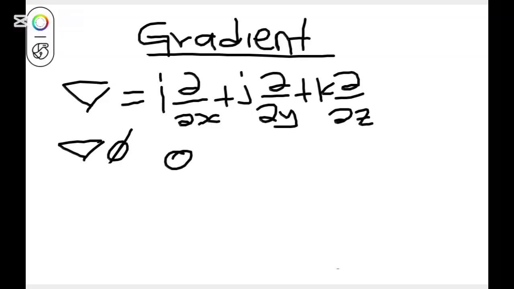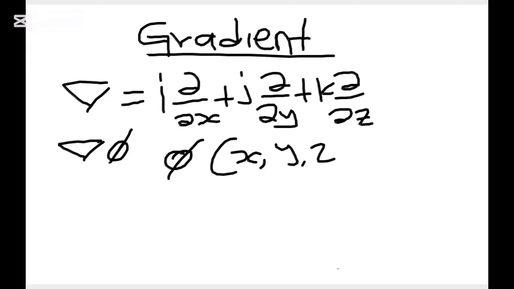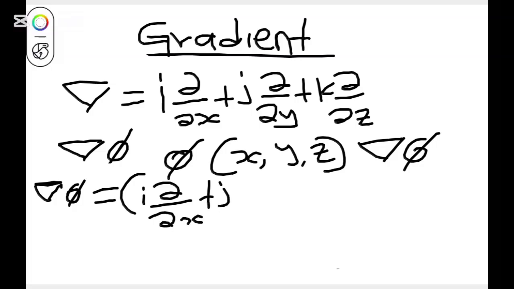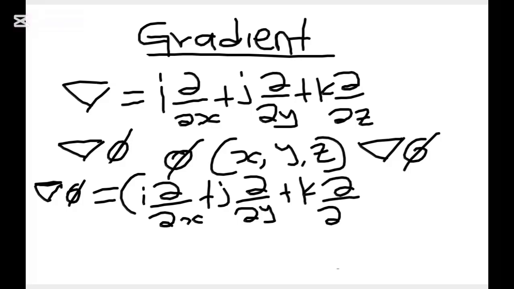So if I am given psi at the point x, y, and z, what will be my del psi? The del psi here should now be: I'll first put the value of the del, which is the gradient, i partial of x, plus j partial of y, plus k partial of z.